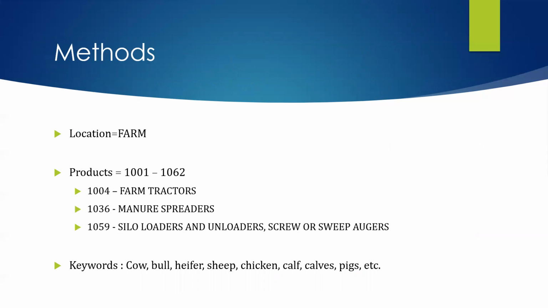First of all, we filtered the data for farm location, and then we filtered the data to find agricultural-related cases from the products 1001 to 1062, and another keyword search was conducted for farm animal-related cases. After filtering the data, we had more than 3,000 cases. In the next few slides, I will explain what the challenges were and how we made our decisions.